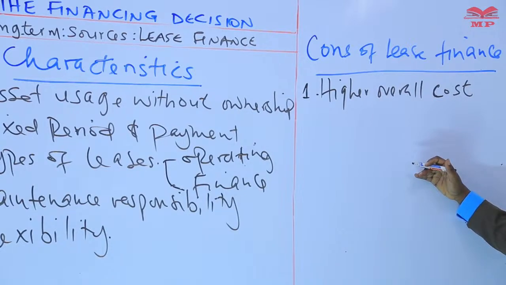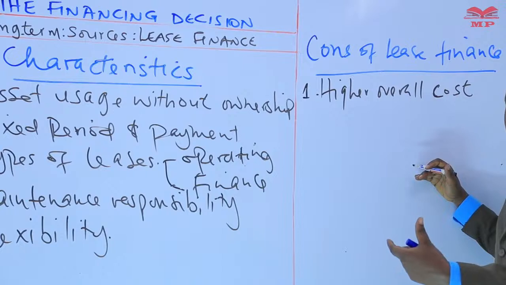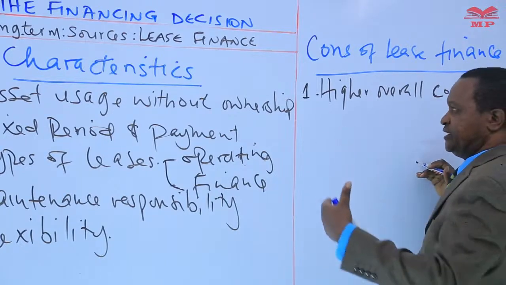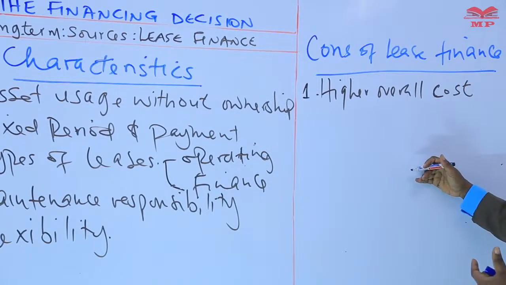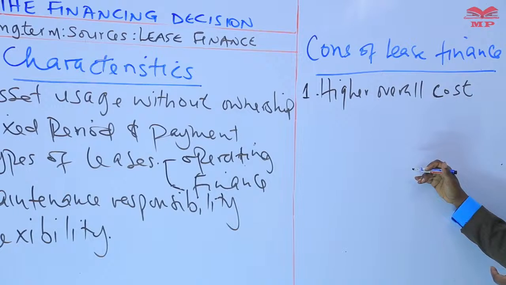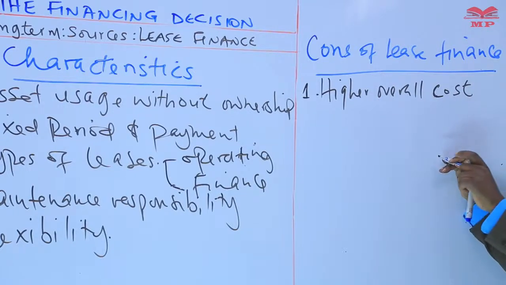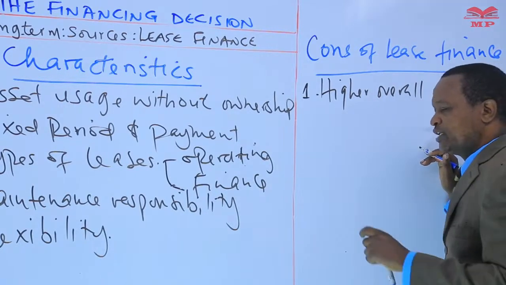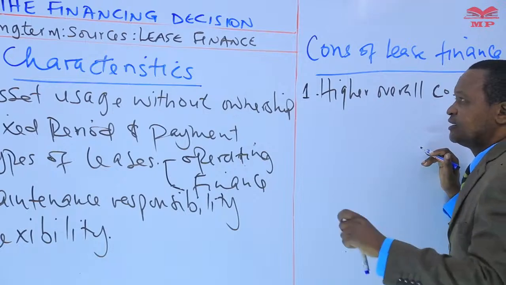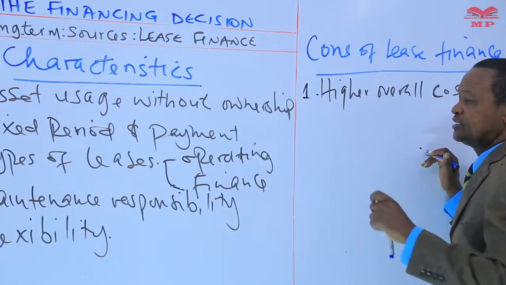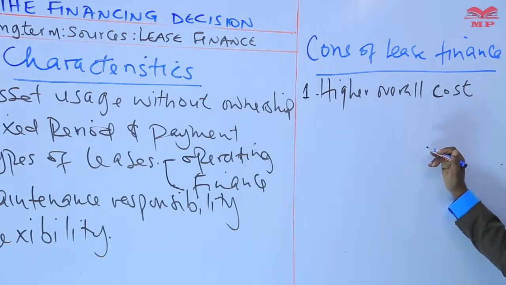And that is particularly true for finance leases where the lessee assumes ownership at the end. It may be cheaper to purchase an asset outright than enter into a lease agreement with the lessor.